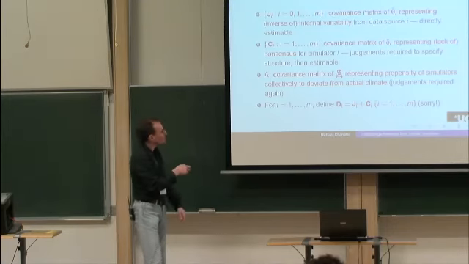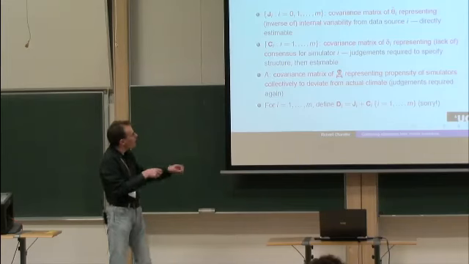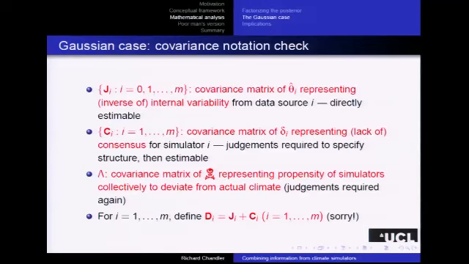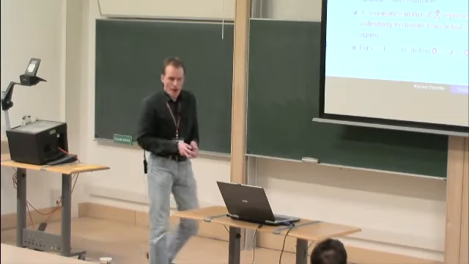Lambda is the covariance matrix of this nasty thing, and that represents the propensity of simulators collectively to deviate from the actual climate. And I'm afraid I'm going to introduce one last piece of notation, which enables my equations to fit onto one slide. I'm going to write D is J plus C. So it's the sum of internal variability and lack of consensus.